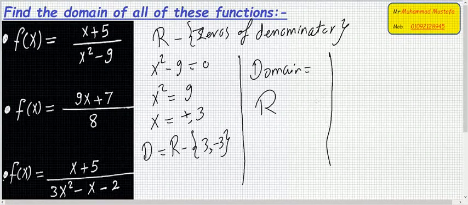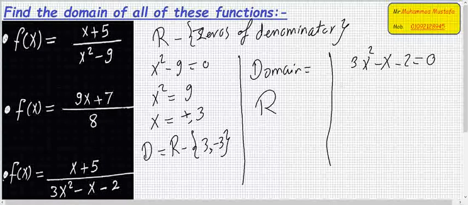The third, the domain of the function (x + 5)/(3x² - x - 2). We put the denominator equal to 0: 3x² - x - 2 = 0.